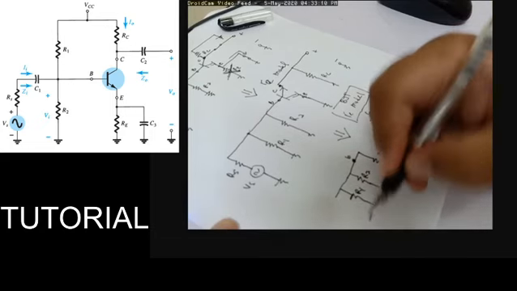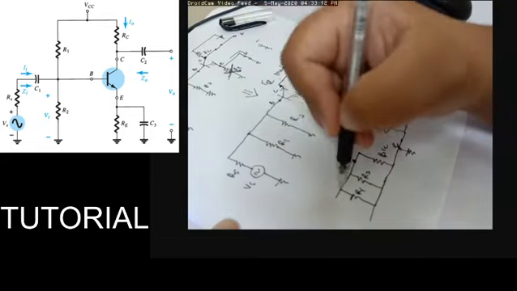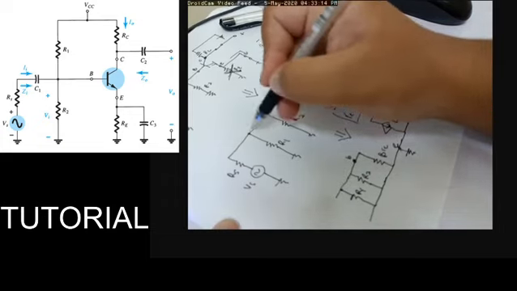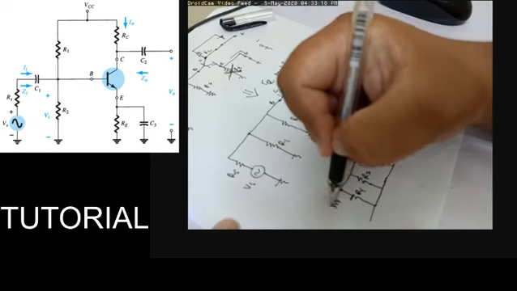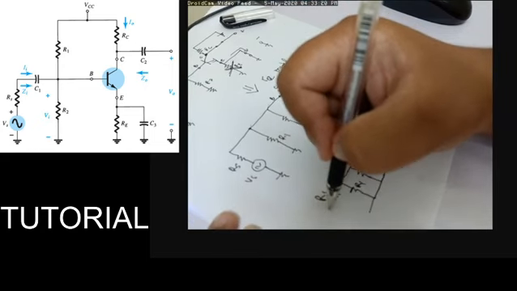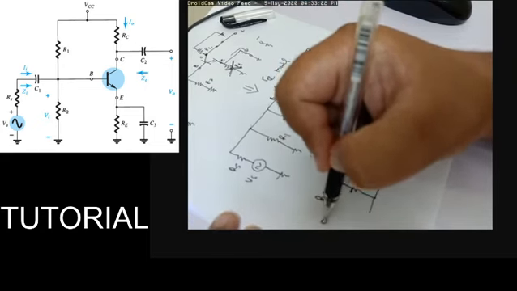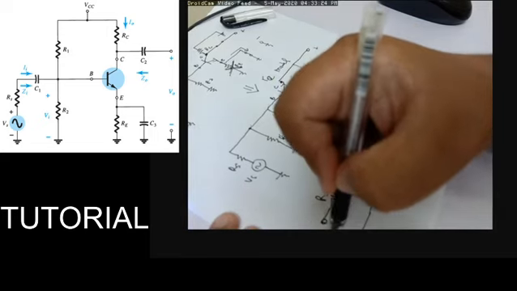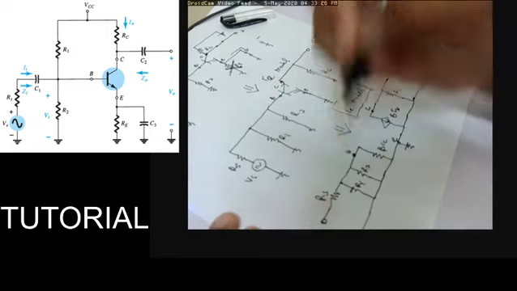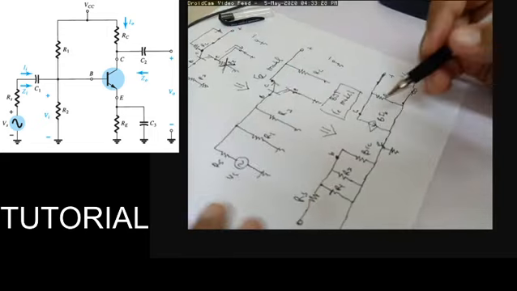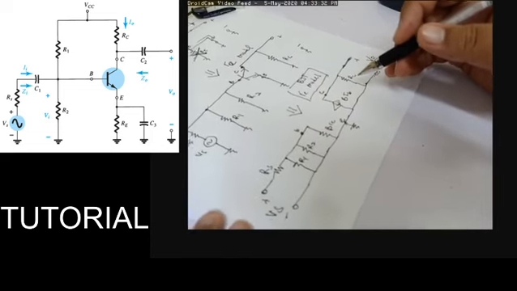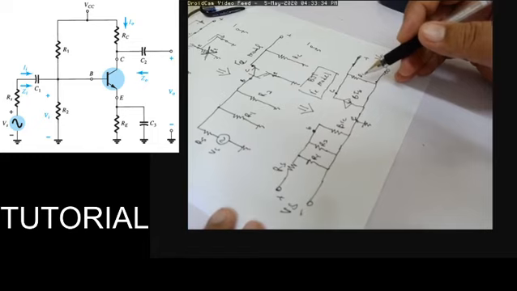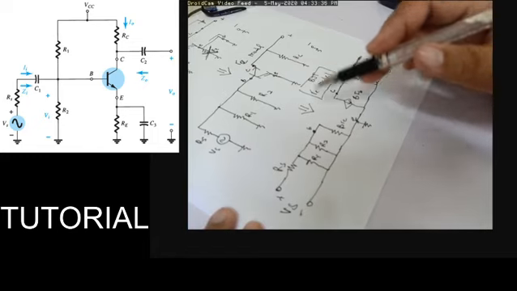And then for this point, same thing, it shares this point. Just relate to this circuit, and then we have RS here, and this is our VS. Alright, so you have completed redrawing the re model for the BJT.